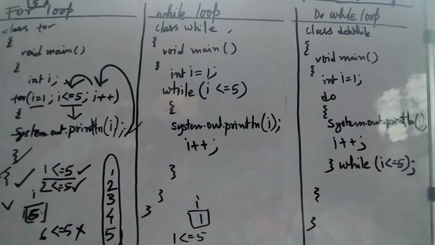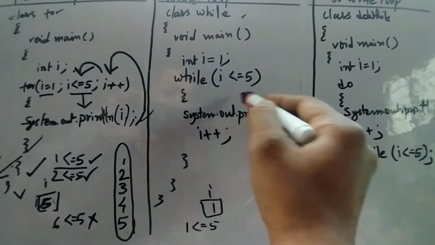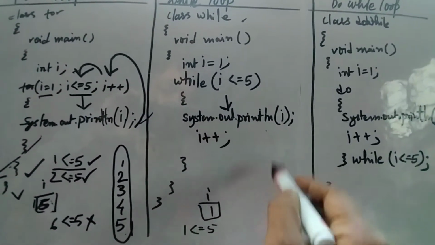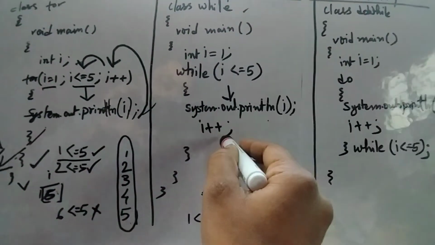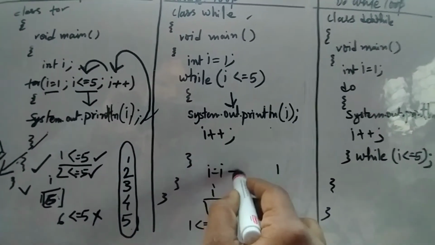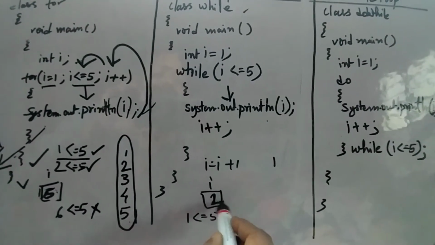Then it comes down, you can see a printing statement, i is 1 and it gets printed, and now i is increased by 1, i equals i plus 1, so 1 becomes 2.